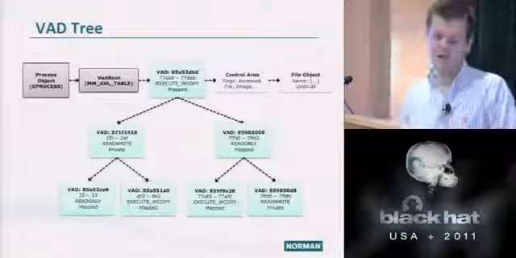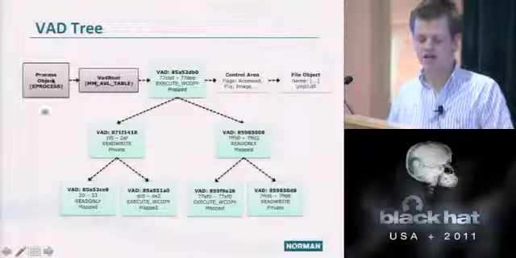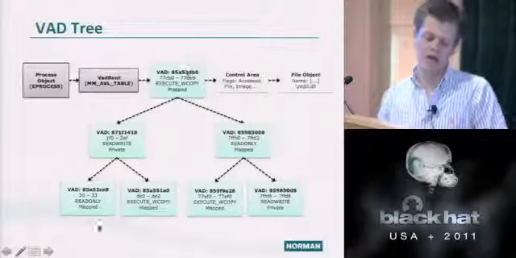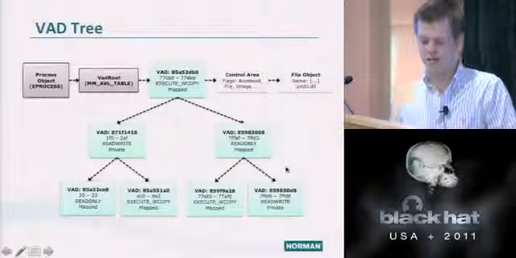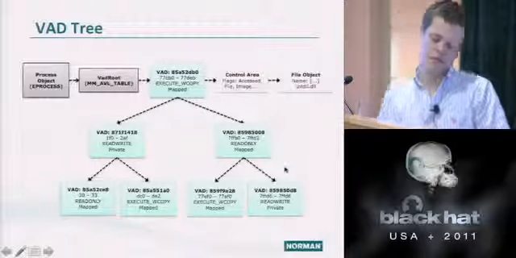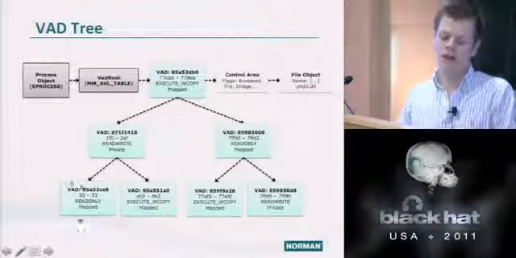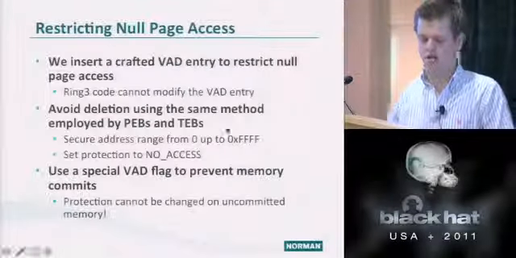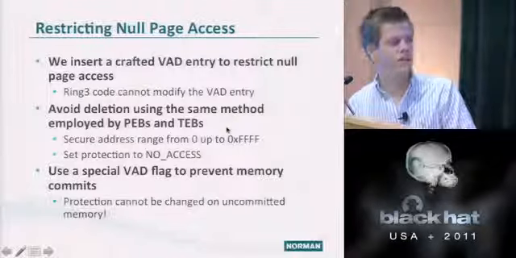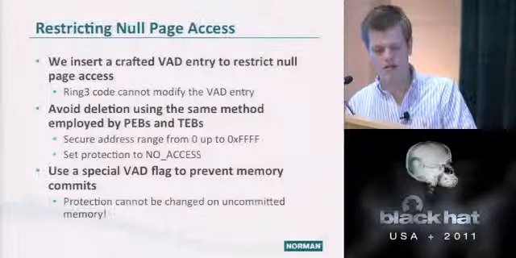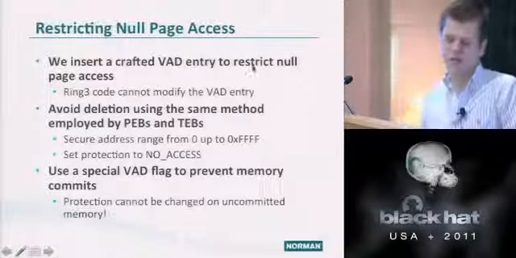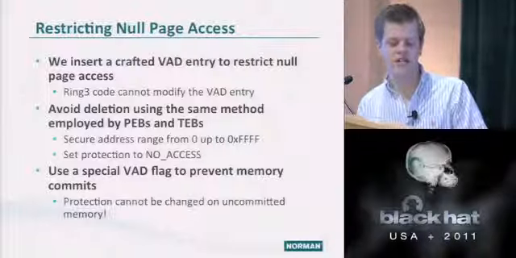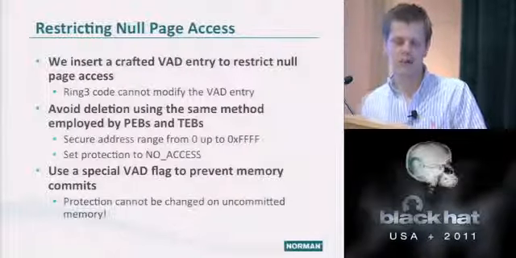So this is really how a VAD tree looks. You have a process object with a pointer to the VAD root, and then a binary tree that represents all the address ranges. So what we want to do is make a VAD entry for the null page to prevent that from being mapped. I wrote a paper on this last month, and what we do here is insert a crafted VAD entry that restricts null page access for both the kernel and the user.